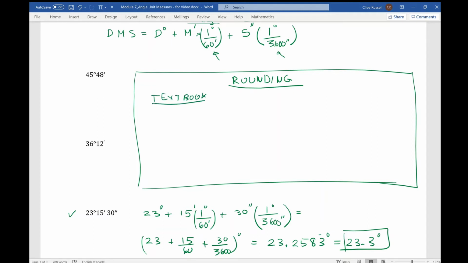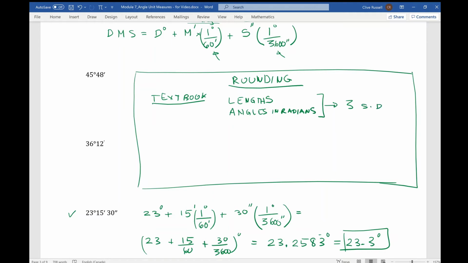So from your textbook, when you have lengths, or angles measured in radians, whenever you're rounding lengths or angles in radians, then you round to 3 significant digits.